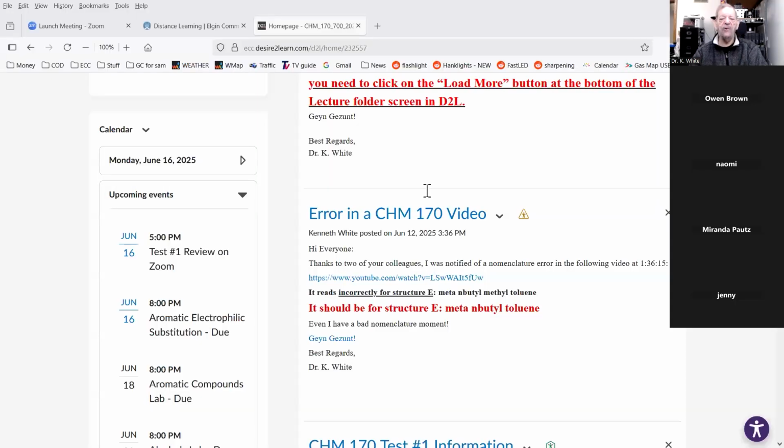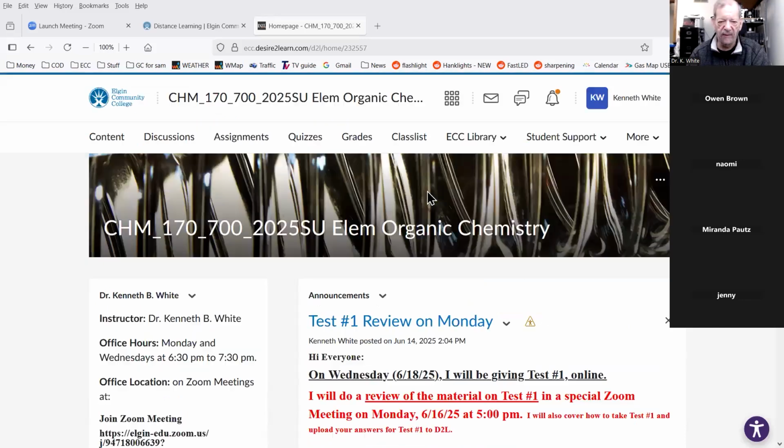Now, when you are going to take test number 1, you'll see it in the assignment area of D2L. I don't have it there yet. I'll probably put it in there tomorrow. And then on Wednesday morning, 8 a.m. or maybe even earlier, I will send out an email that has the password that opens the password protected PDF file for test number 1.